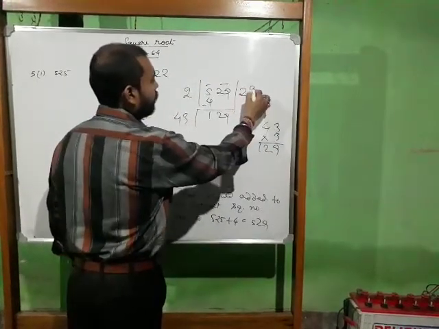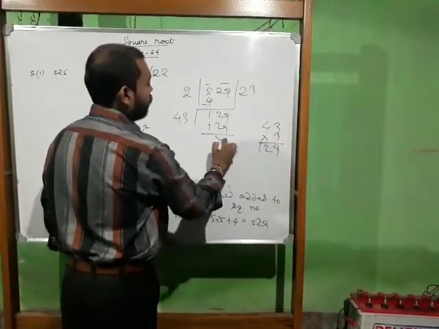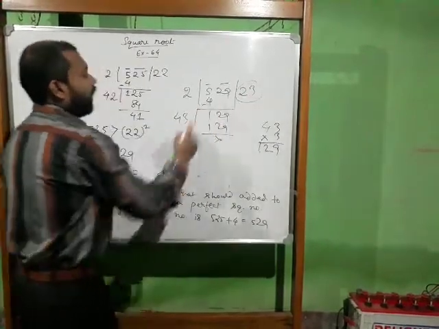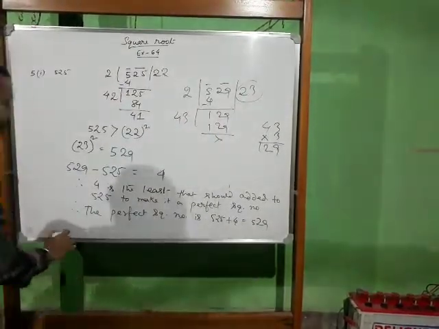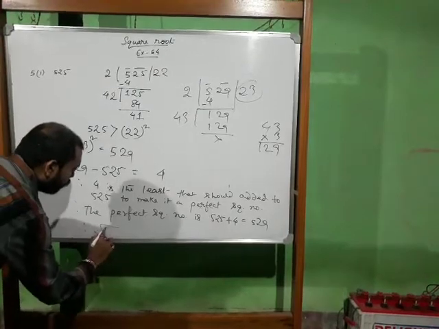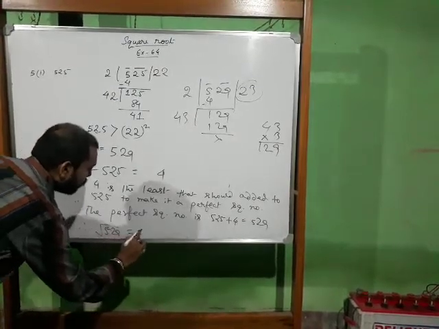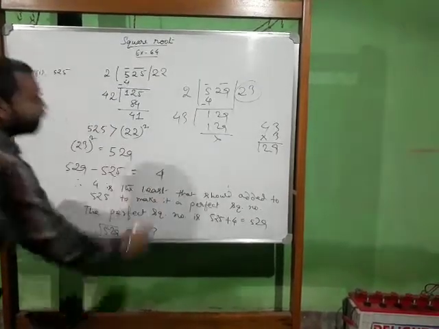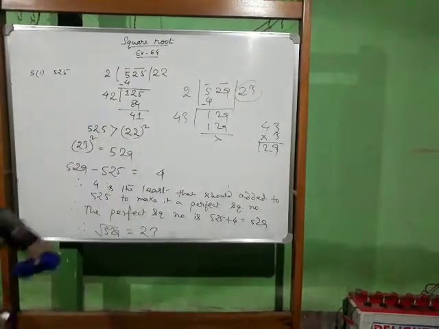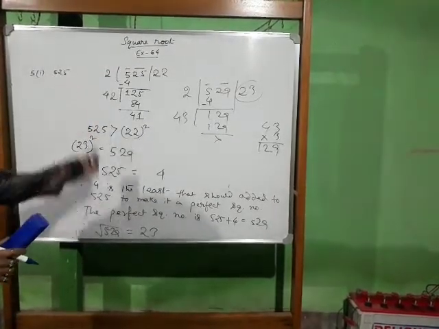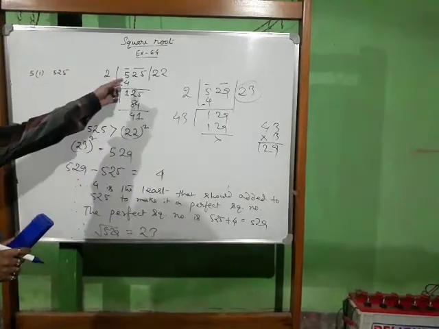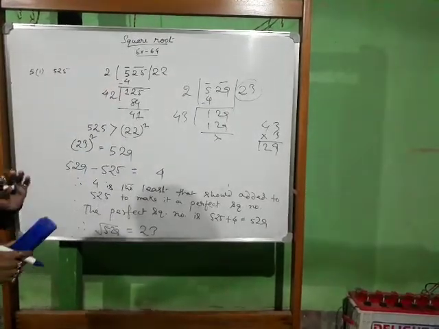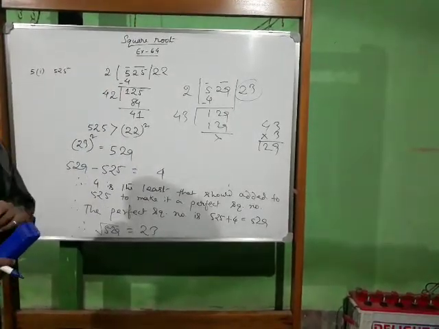So here 3 and here 3, 129. So the square root of 529 is 23. So in this way we can find the least number which should be added with the given number to make it a perfect square number. So this is the process.